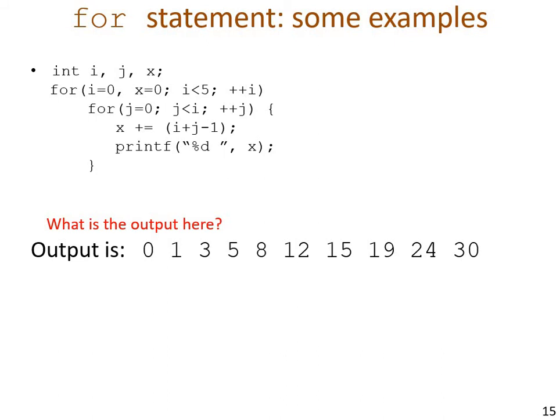If j equals 0, j less than i, then you are taking j increment. Then x equals x plus i plus j minus 1. Then automatically you get the values printed: 0, 1, 3, 5, 8, 12, depending upon the number of iterations that it took.